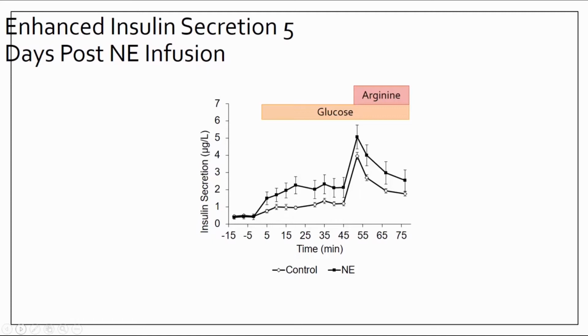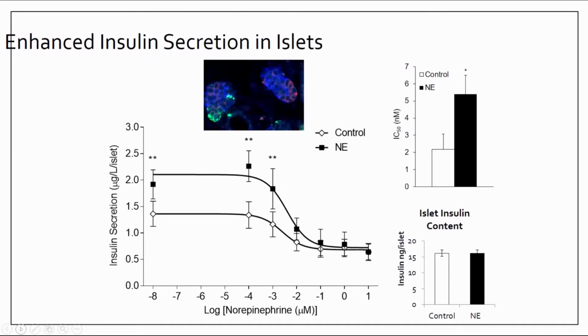One last point on the norepinephrine infused animals. Everything that I've shown you so far has been in vivo infusion strategies. We've actually developed procedures to isolate these islets and look at them in culture, and in the course where we're challenging these islets with glucose, we see a significant increase in insulin secretion in that norepinephrine infused group, now 6 days post infusion.